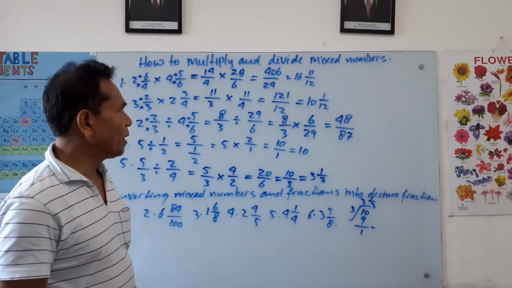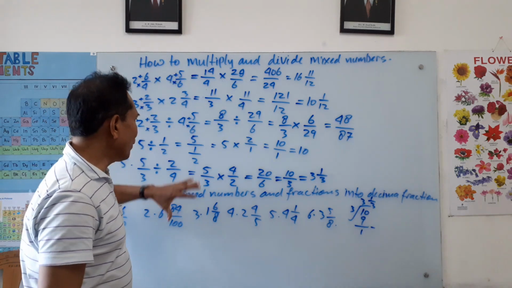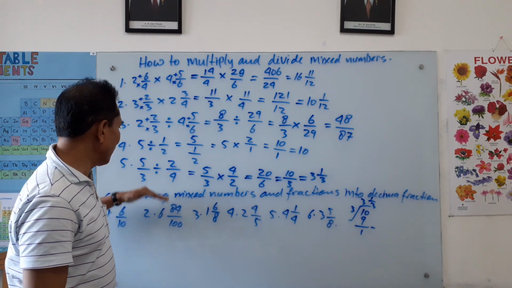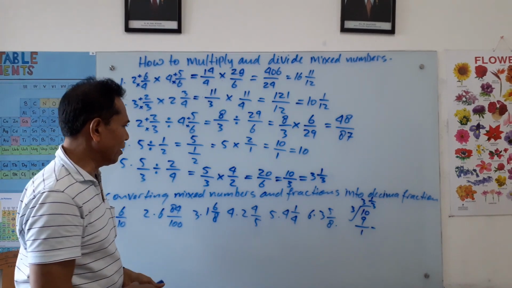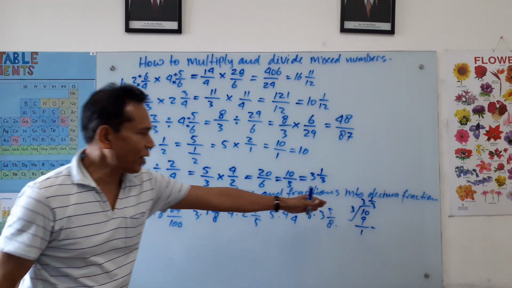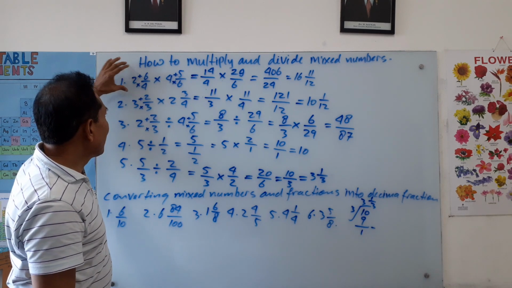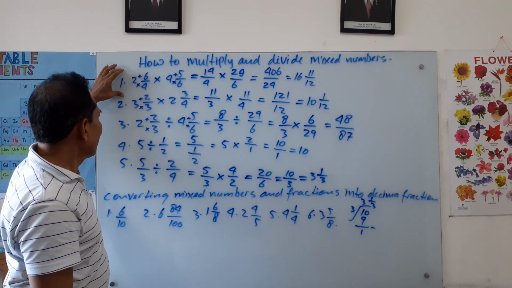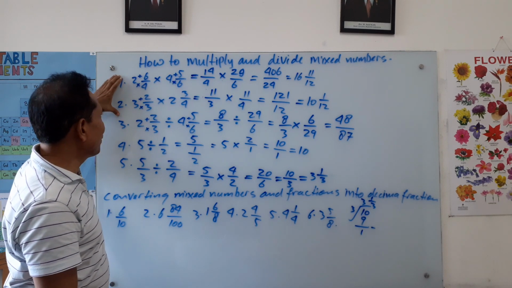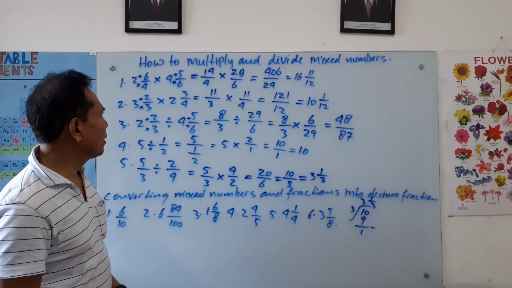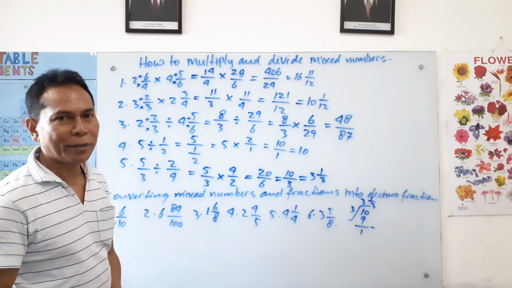How to multiply and divide mixed numbers, I've shown you, and also some of these fractions, how to work out manually, things like this. So here from number 1 and number 2, multiply the mixed numbers, okay?